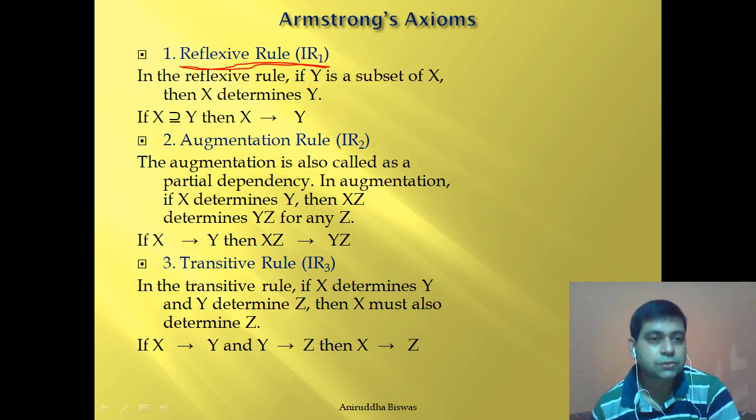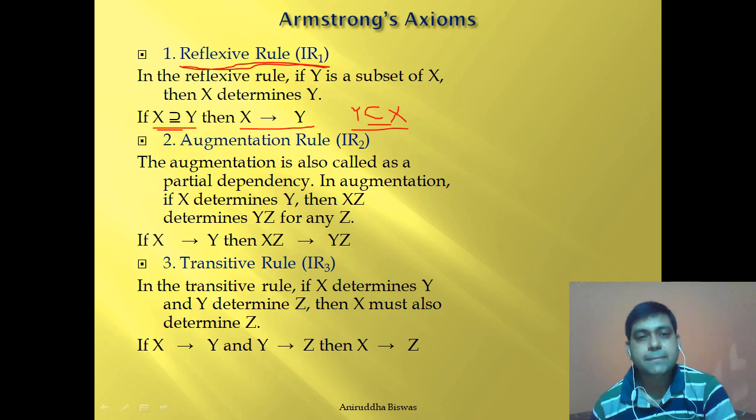So X is the superset of Y, and in turn we can say Y is a subset of X, so it can also be written like this. Whichever way we write it doesn't matter. The main thing is that the right side Y in this relationship is a subset of X. That's it. So this is the first rule. Now coming to the next rule, which is called the augmentation rule.